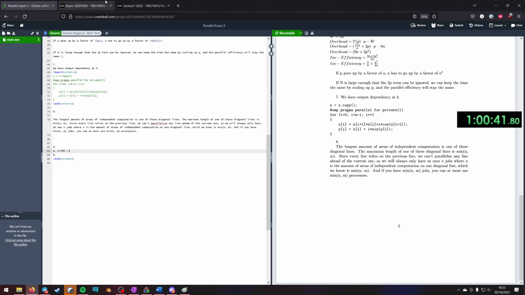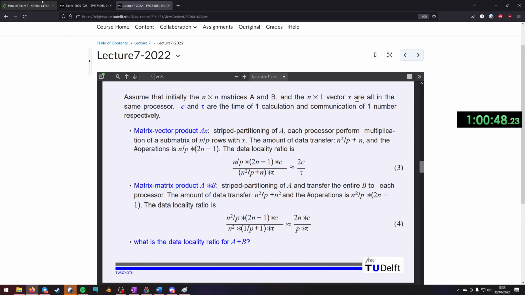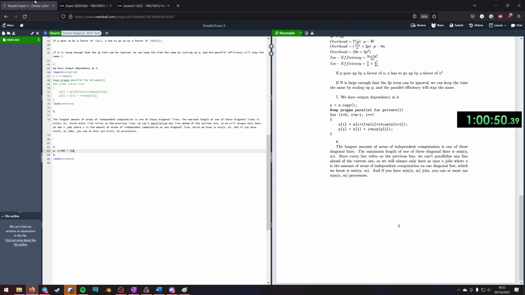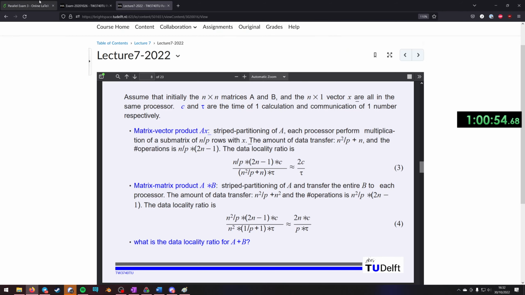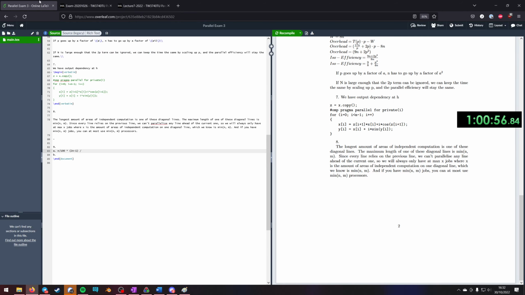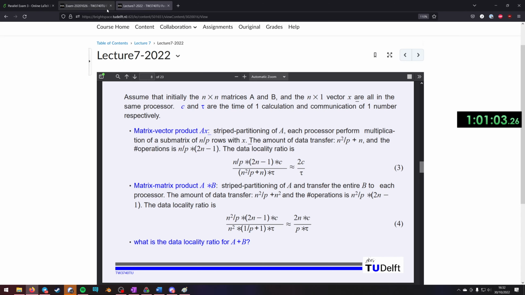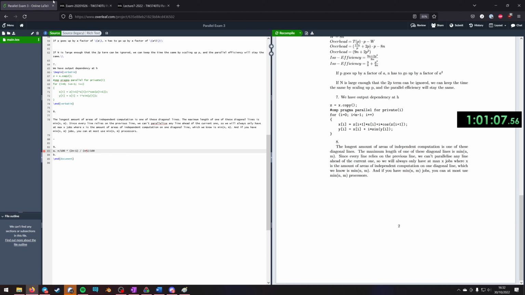over 100 plus, or times 2n minus 1 over n squared over 100, n squared over 100 plus n, and this is times 2.